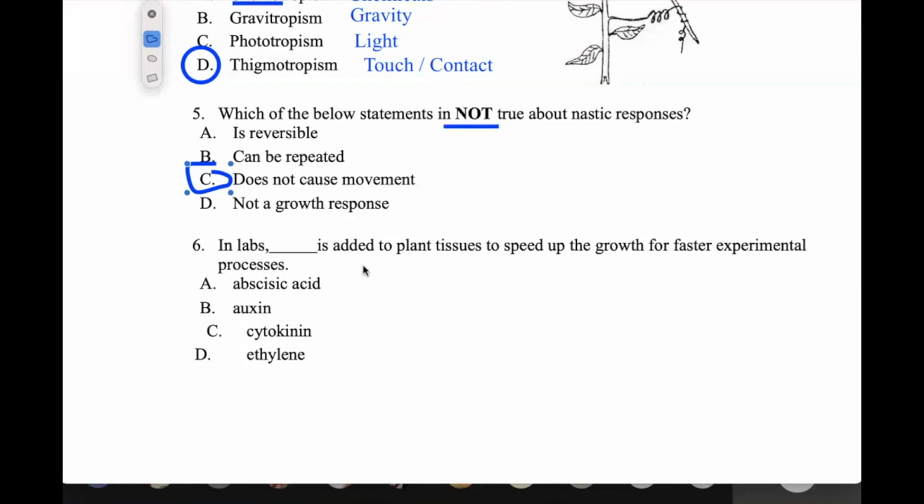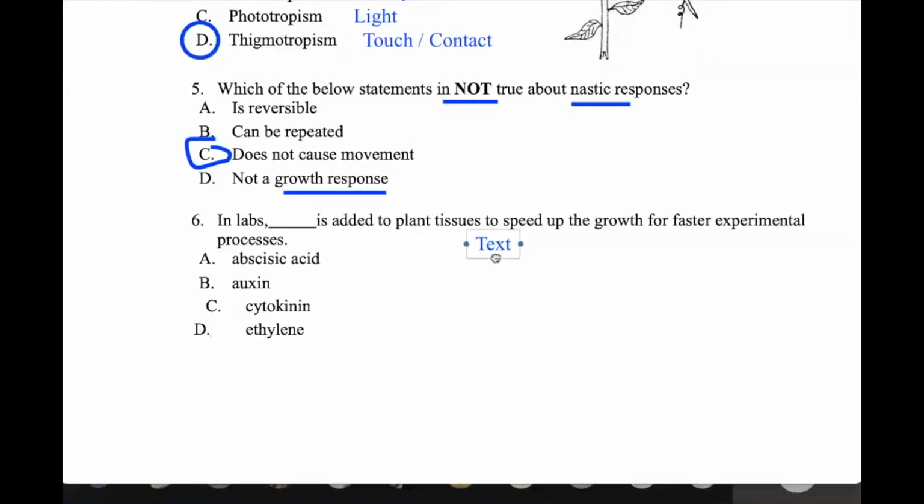When we started the plant responses, we divided them into two types: nastic and tropism. Tropism is basically a growth response, like when you show them light, they grow toward light or away from light. But nastic is another type of movement which is not a growth response.